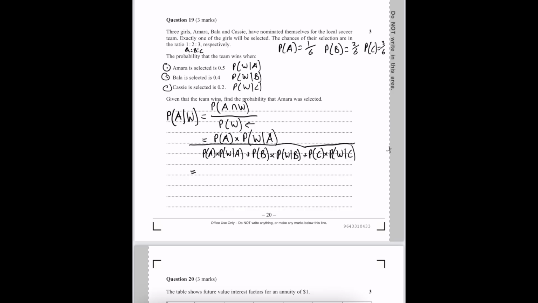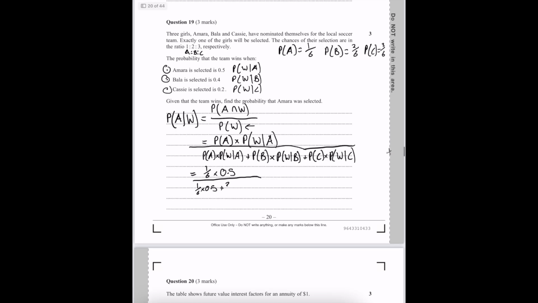We get the probability that Amara is selected, which is 1 in 6, times the probability that they win given she's selected, which is 0.5, all divided by that same thing again, plus the probability that Bala is selected, which is 2 in 6, times the probability they win given Bala is selected, which is 0.4, plus the probability of Cassie being selected, which is 3 in 6, times the probability they win given Cassie is selected, which is 0.2. If we plug this all into a calculator, we get 5 on 19.